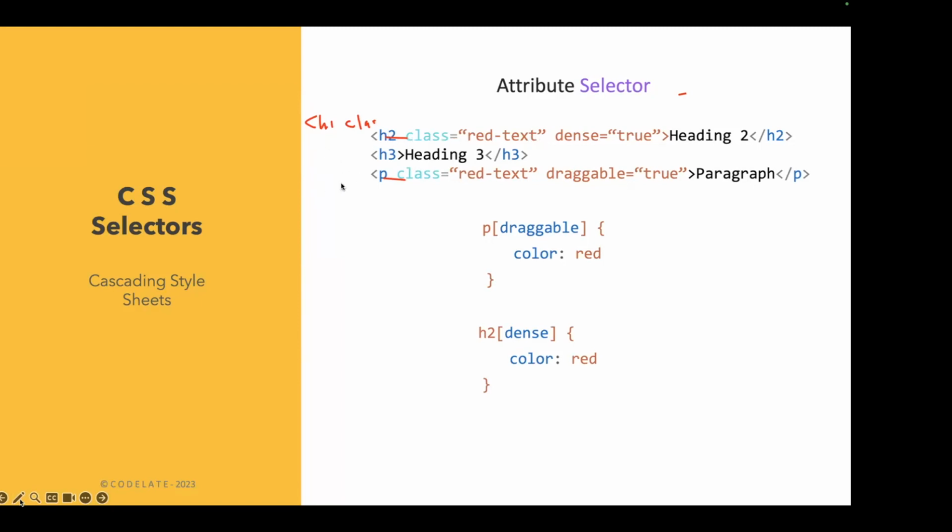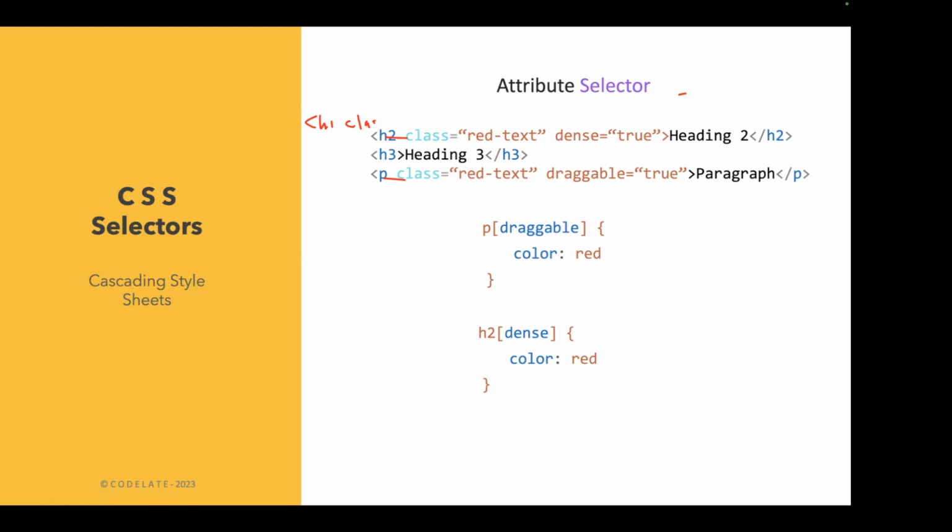Right. But we now want to add something that is different, that is unique to H2, and it will not be part of P, even though they both have the same color. But we still want each of them to have something different from one another. So we are going to add a separate attribute. And whatever attribute we add, it may not be a standard attribute to HTML.